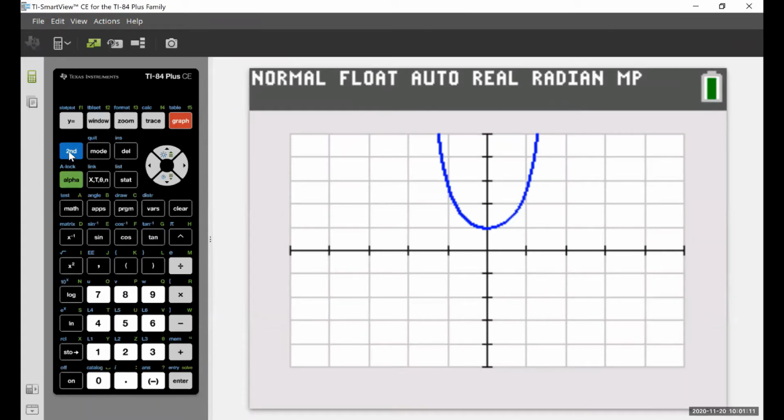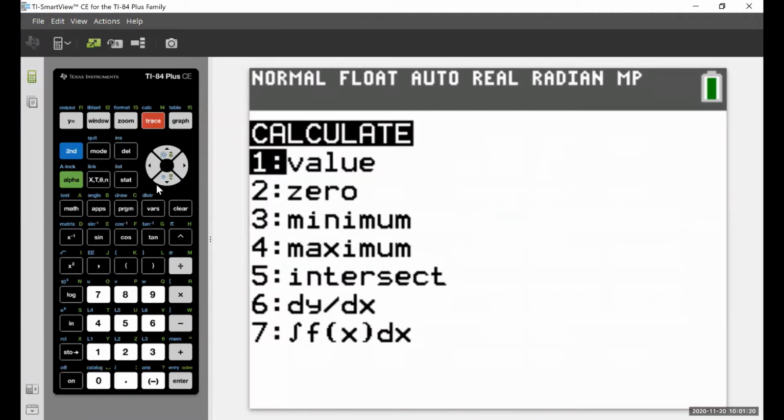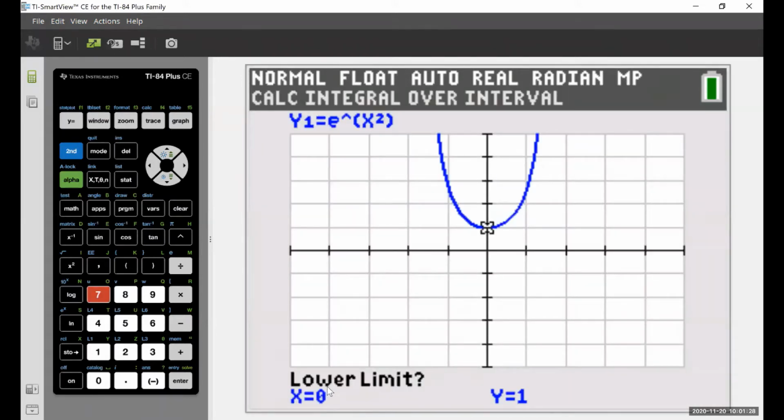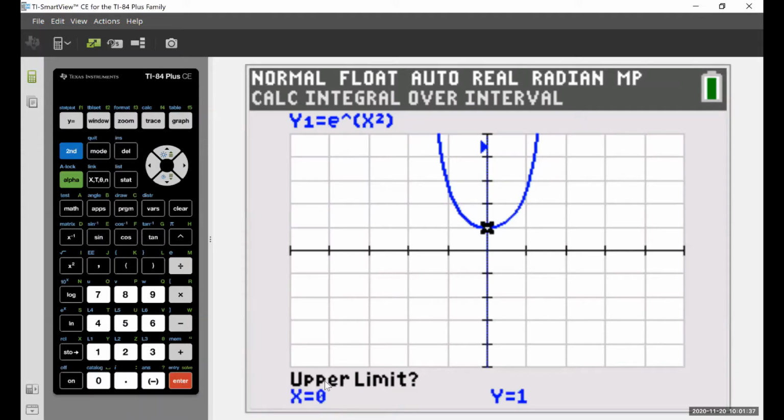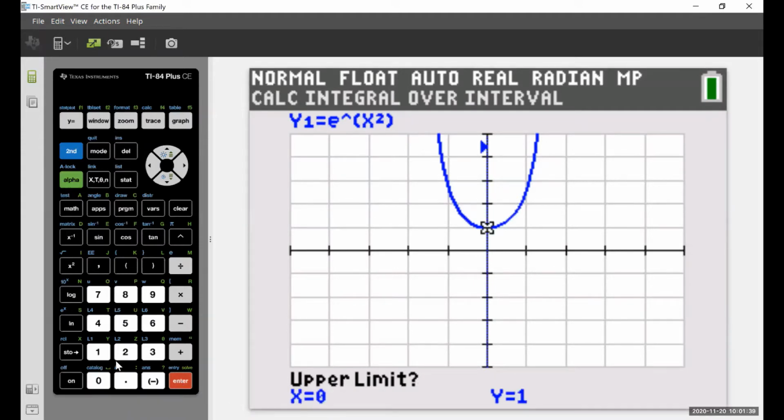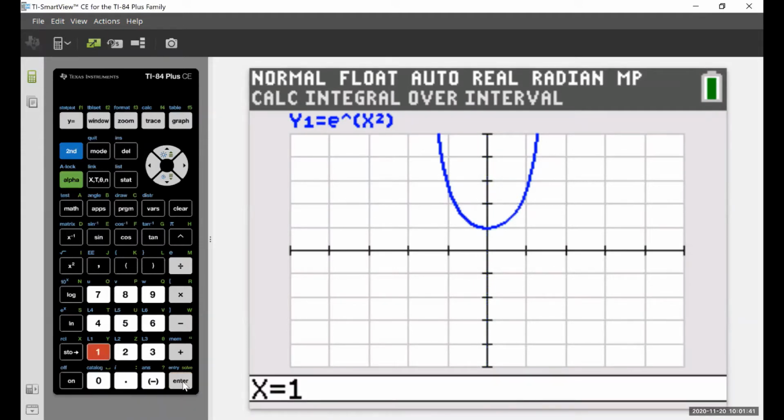So what we do is we go to second and then trace. Once you go to second and trace, we go to number 7, where we evaluate the integral. Now the system is asking for the lower limit of the integral. It is 0, so we hit 0 and then enter. Now the upper limit of the integral, it's 1 in part A, and then enter.